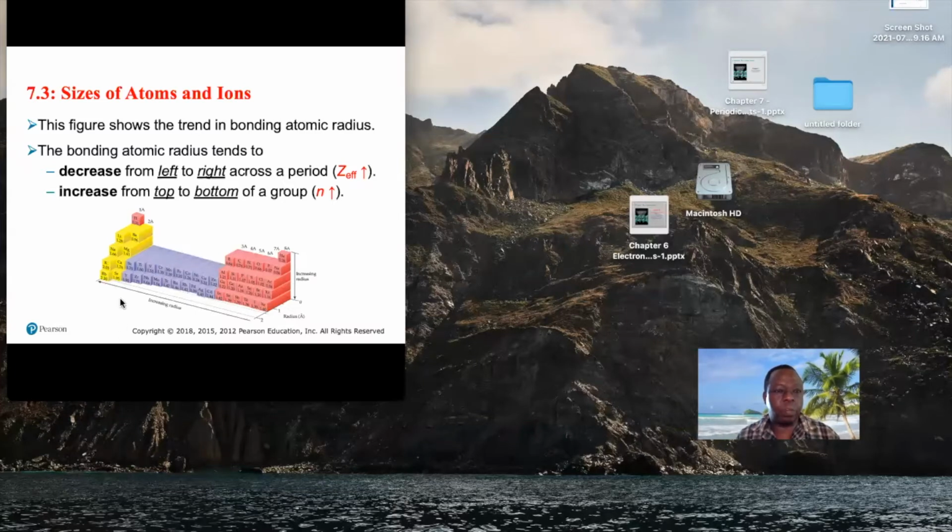It is because when you go across the periodic table, the nuclear charge keeps on increasing. For example, lithium, beryllium, as you go across, the atomic number increases, and of course the number of protons increases, but you are adding electrons to the same shell, and therefore the force of attraction between the protons in the nucleus and the electrons outside the nucleus keeps on increasing.